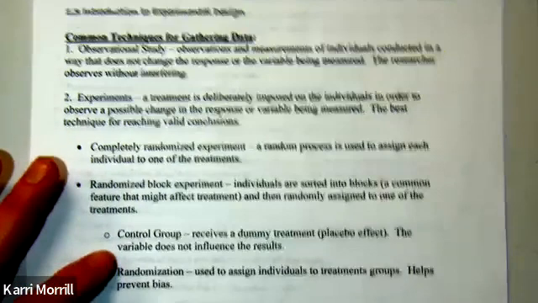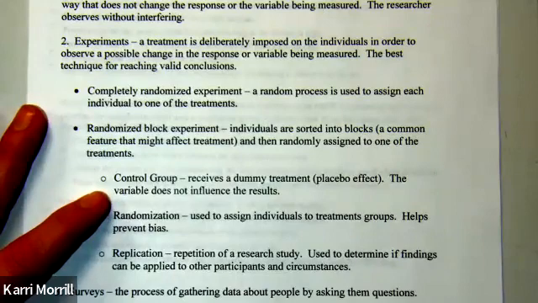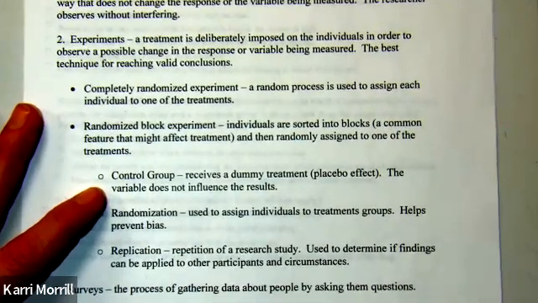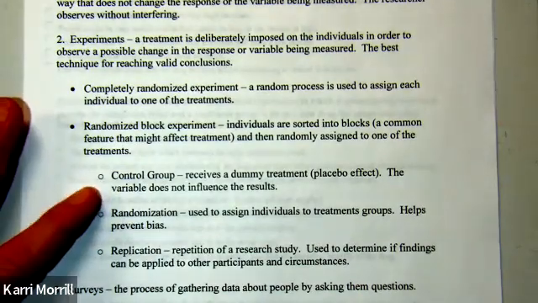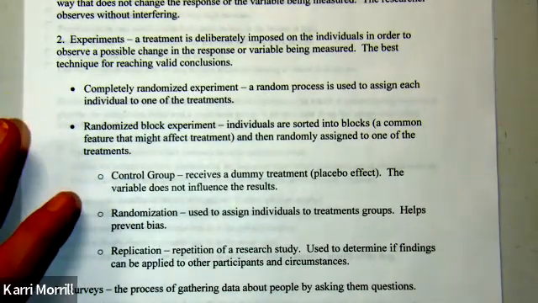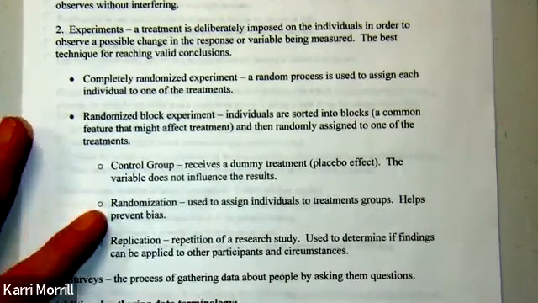Control group, when we're talking about experiments, would be those people that receive the dummy treatment. You've heard of the placebo effect. So that variable does not influence the results. It's just a control group.